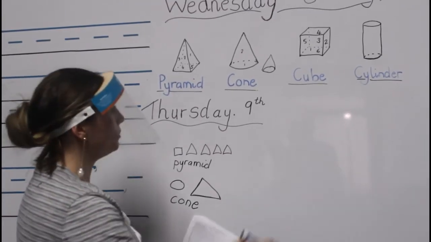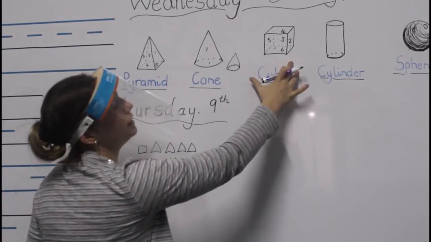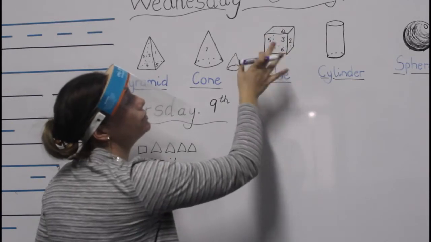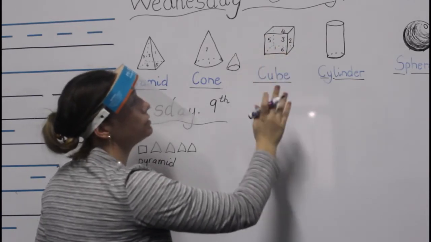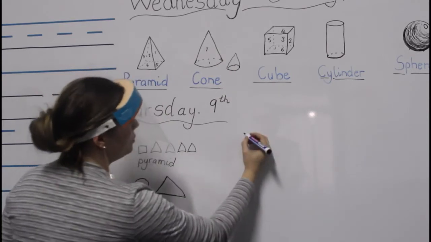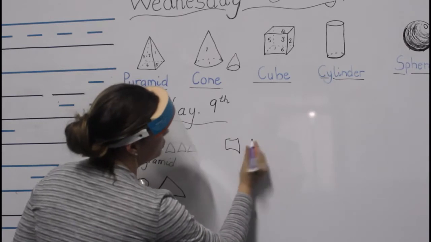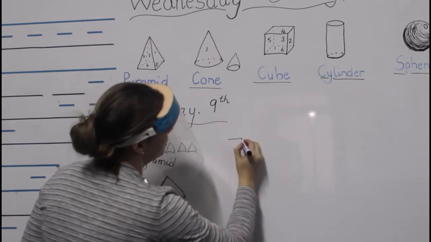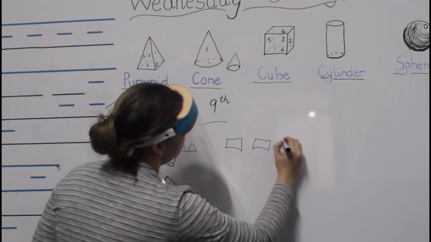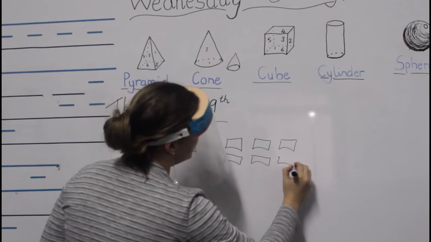Okay, so the next one that we're going to do is the cube, which is pretty simple. Remember I discussed with you yesterday that a cube has 6 sides and they are all the same, they are all a square. Each side is a square, all the same shape and size. So with the cube we have, excuse my really terrible squares, 1, 2, 3, 4, 5, 6 squares.